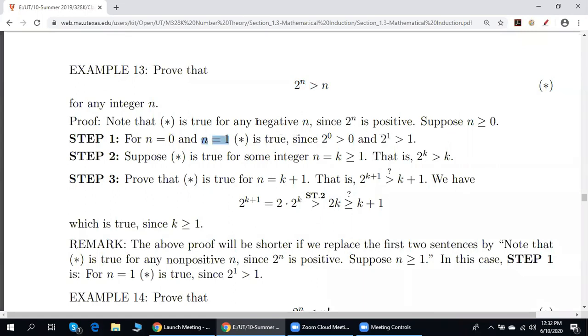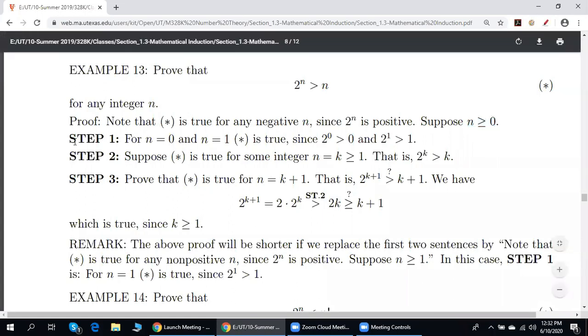Because if instead of negative, we have non-positive, the opposite case is n is greater or equal to 1. But if over here n is greater or equal to 1, in step 1, we'll have to check only for n is equal to 1.